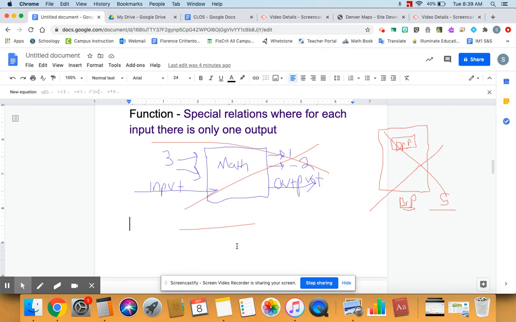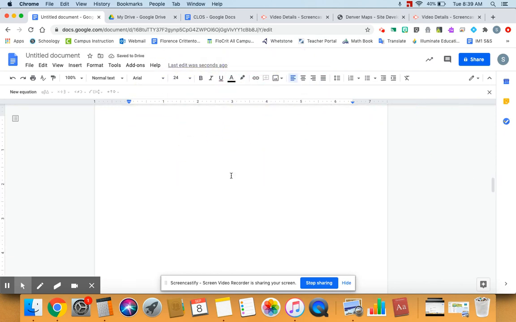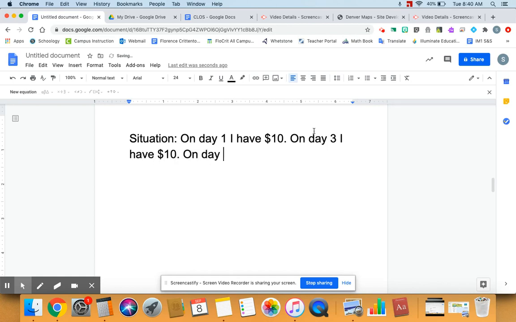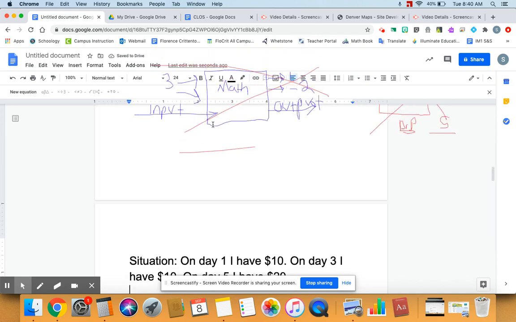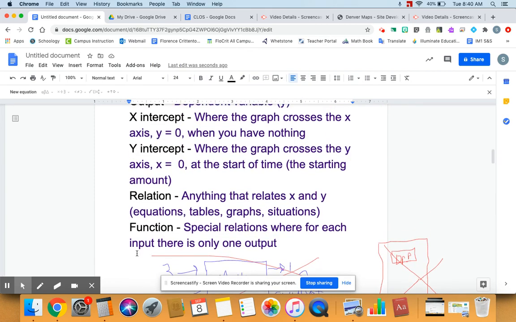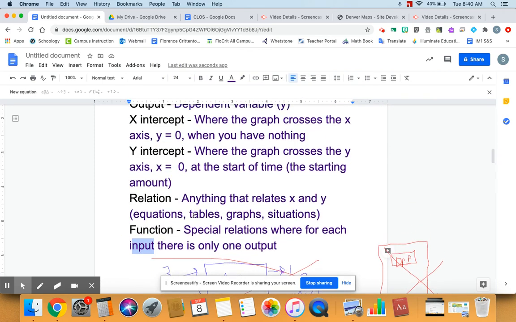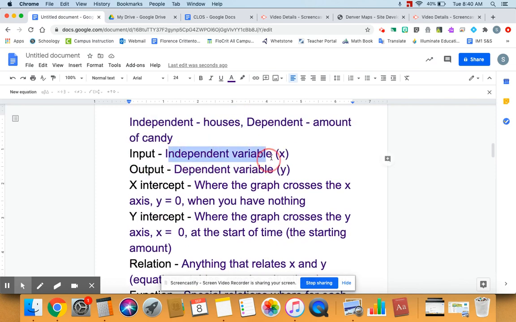If I were to take a situation that's like, on day 1, I have $10. On day 3, I have $10. On day 5, I have $20. Well, remember from above, input in math is the same thing out here as the independent variable.